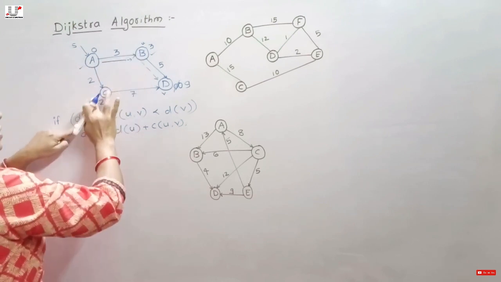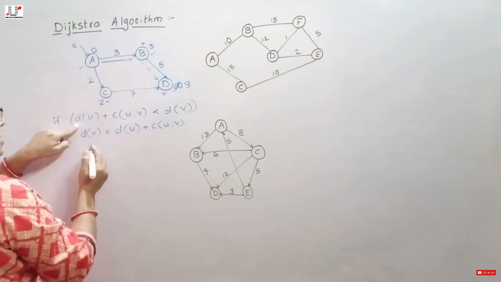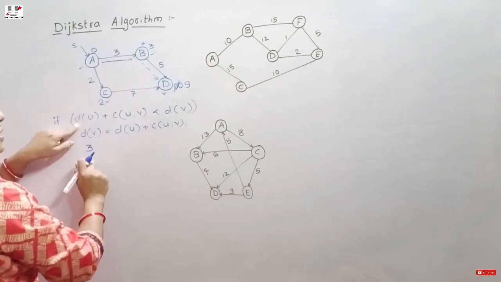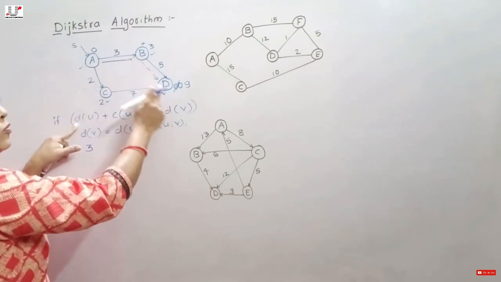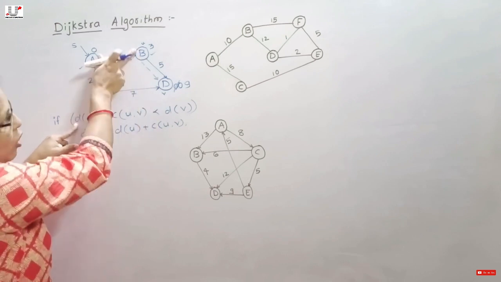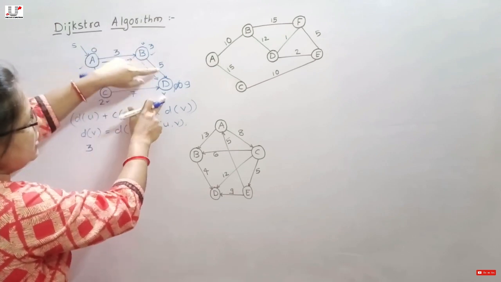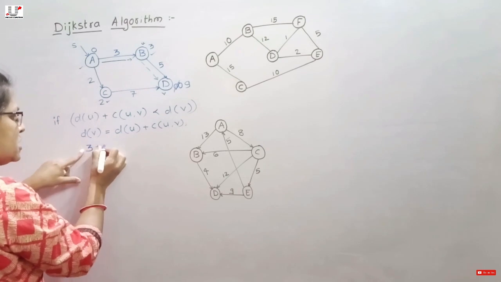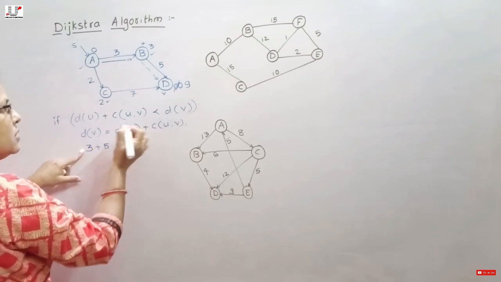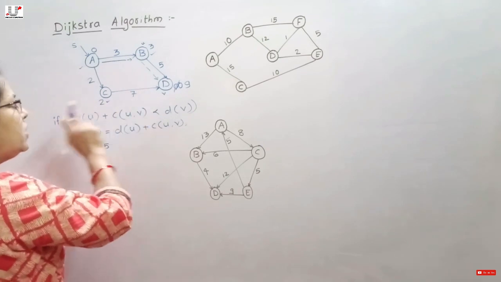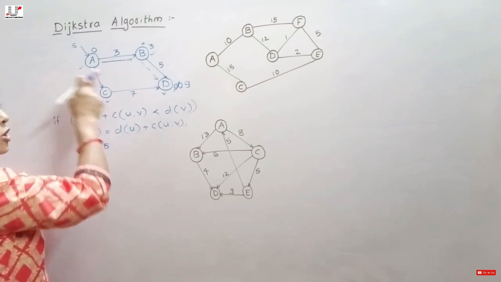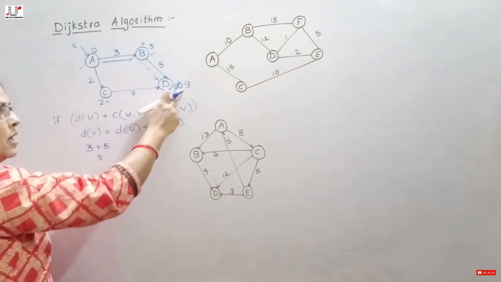Now B is considered as U. So the distance of U is 3 plus the cost of UV. The cost of U and V is 5. So 3 plus 5 gives 8. And the calculated distance from A to D via C is 9.